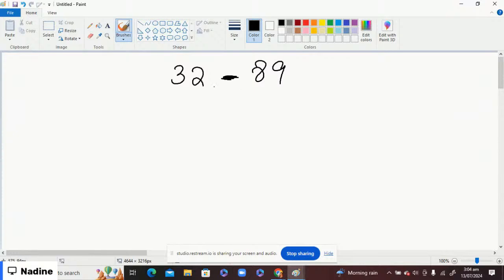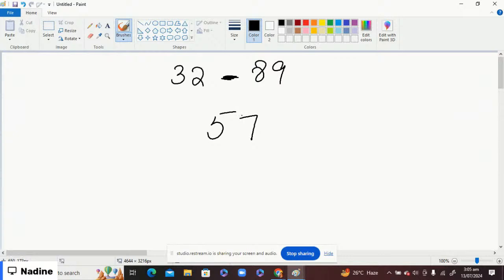First of all, just subtract 32 and 89. What's the answer? Everyone tell me. When you solve it, the answer you get is 57.